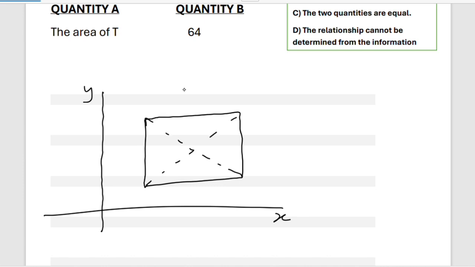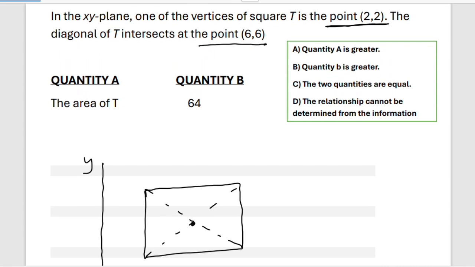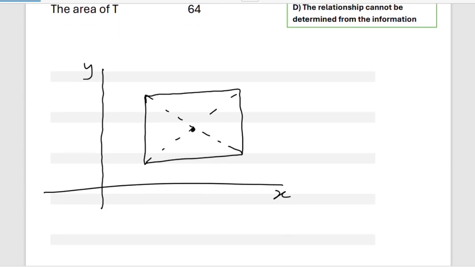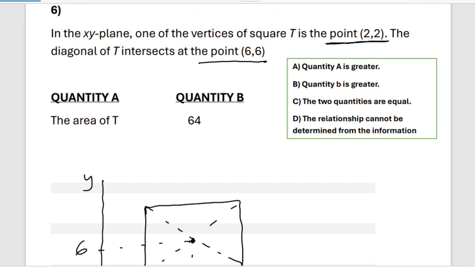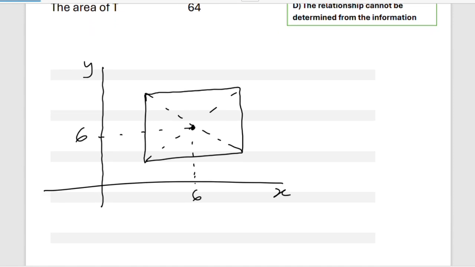The two diagonals intersect at coordinate 6,6. So this is 6, and this is 6. And the square has a point at 2,2, which logically has to be this point, and this is 2 and this is 2.